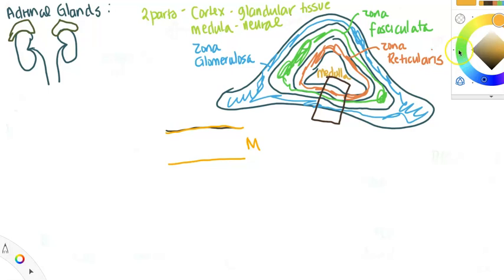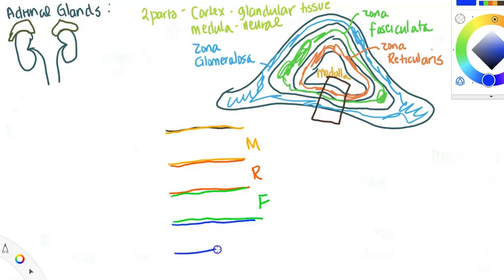And next we'll have, that's zona reticularis. Green is fasciculata, and blue is glomerulosa.